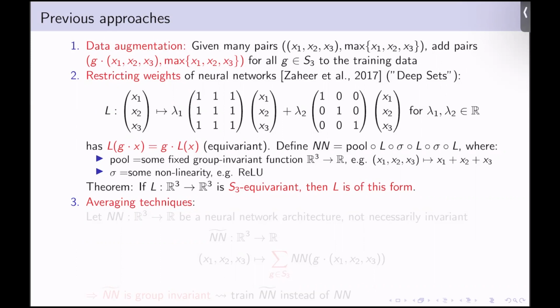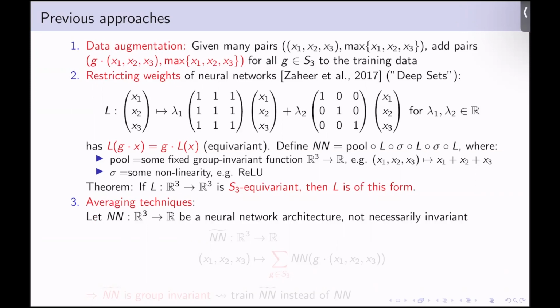Then the last approach that I want to mention is the most basic version of a kind of technique about which many papers have been written by now. There are many flavors and variations of this.